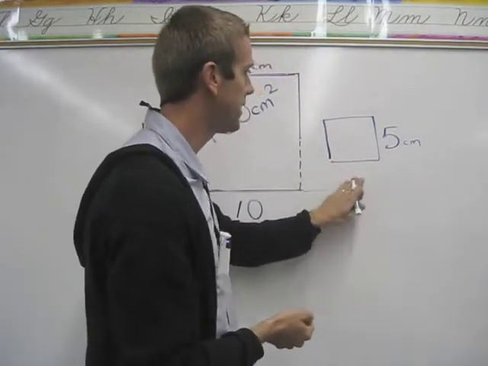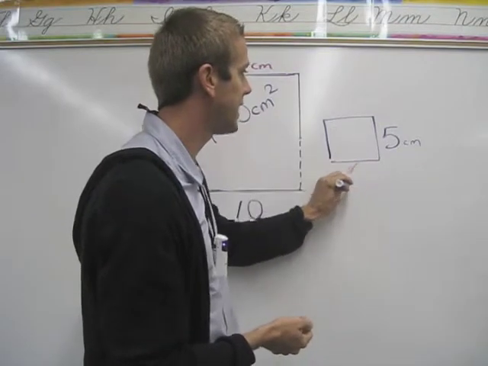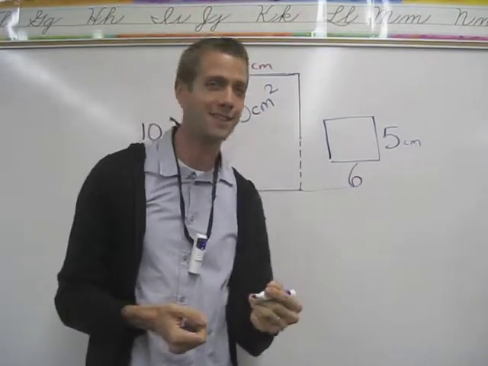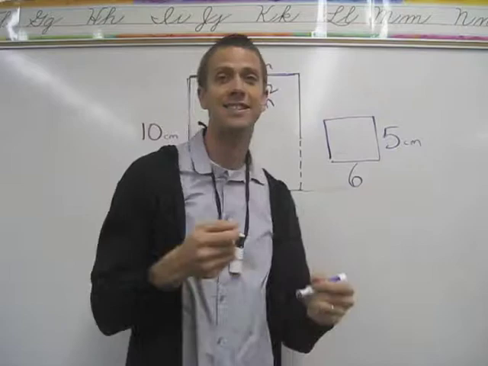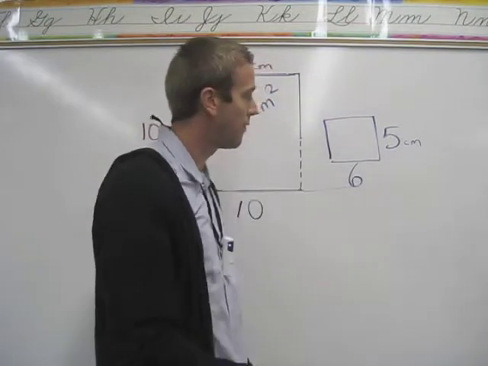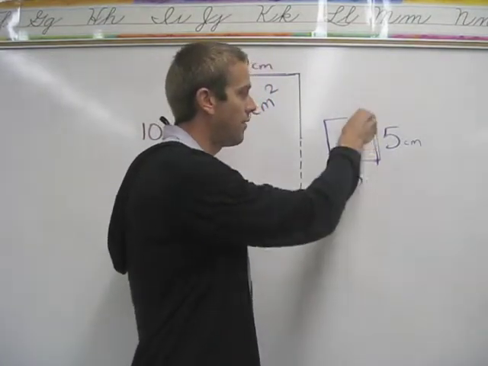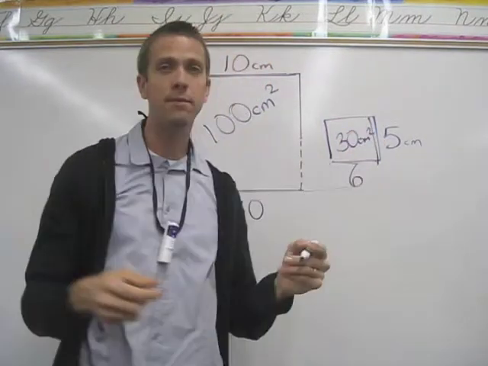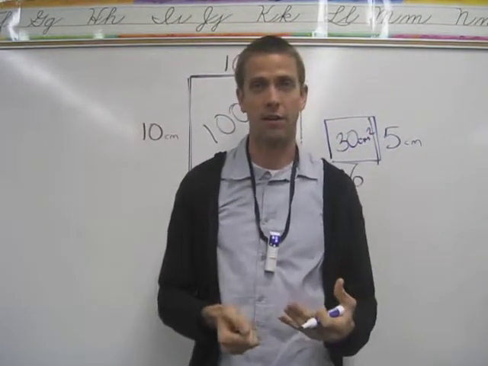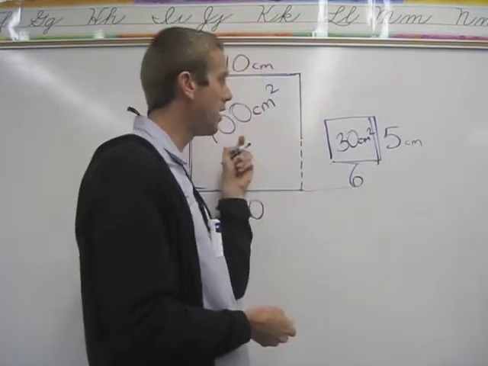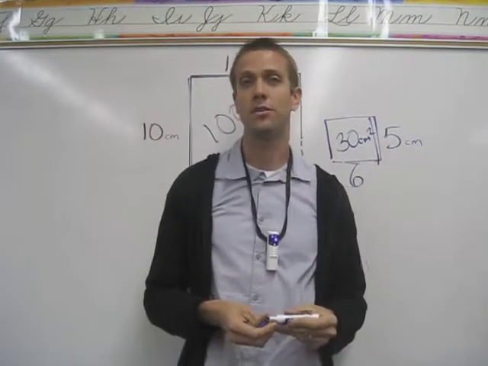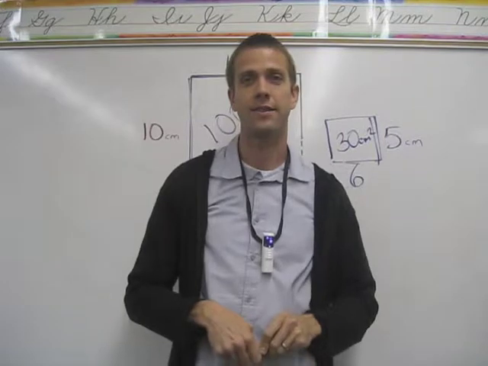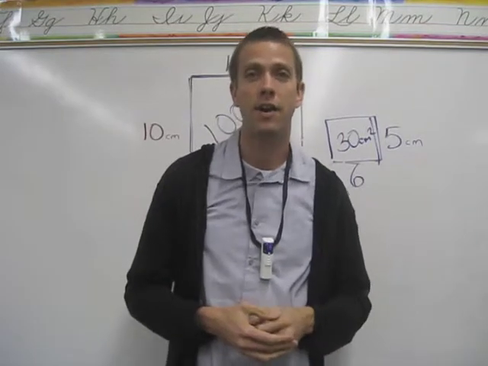So this missing piece now is 6. So 10 plus 6 make 16. Now we therefore have the 6 times 5, which makes 30 centimeters squared. Put them together and you will have your answer. The area will be 130 centimeters squared. Don't forget to write centimeters squared since you're looking for area.